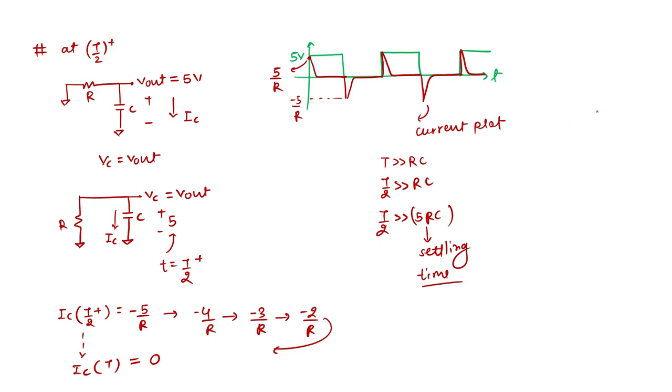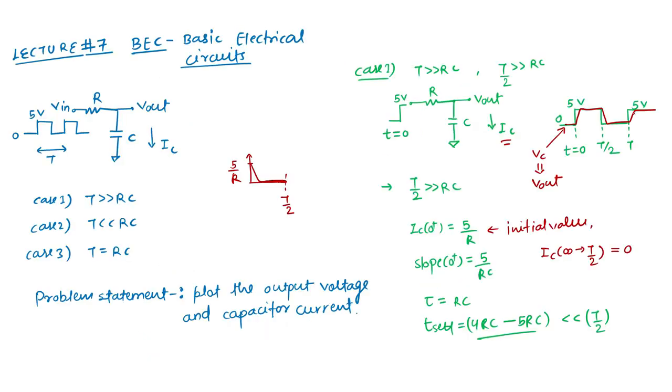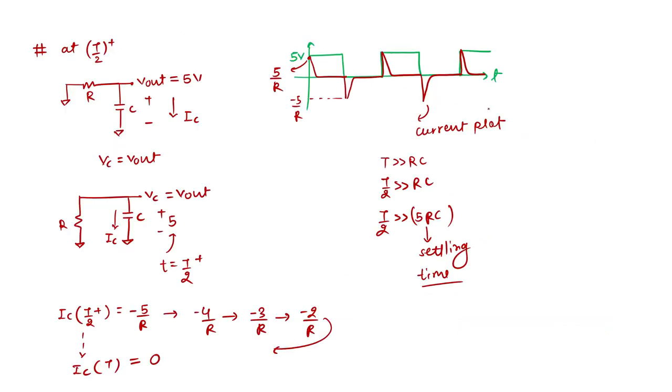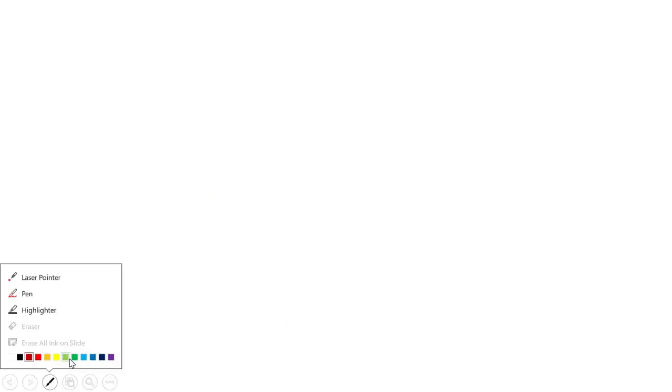And voltage we have seen. If I draw it completely, this is my voltage. It will also repeat like that only. So what is the final voltage and current plot? If I draw it in one diagram, then we can see it as a complete plot.